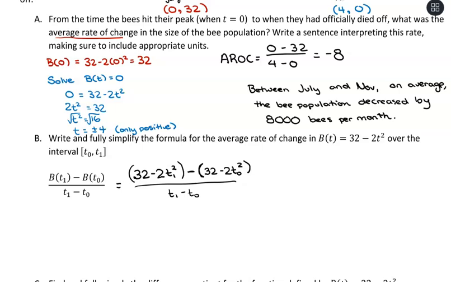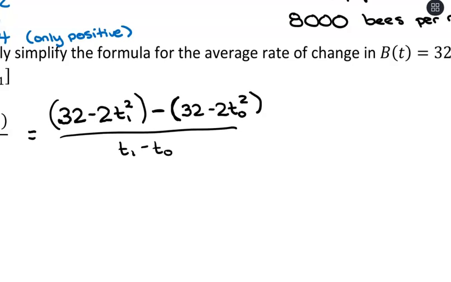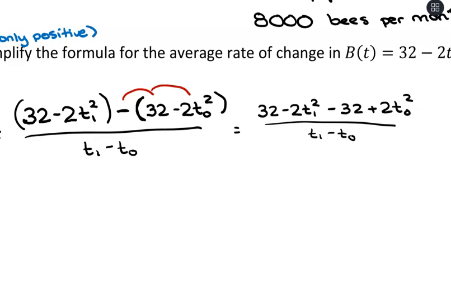And now what we're going to do is just simplify algebraically. We're going to get a little algebra review here, but part of the work that we're going to be doing in this course is taking something that's like this setup and simplifying to a simpler form of that equation. So what that would look like, 32 minus 2t1 squared, we can just drop those parentheses. Over here we need to distribute in that negative, so that would be minus 32 plus 2t0 squared over t1 minus t0.